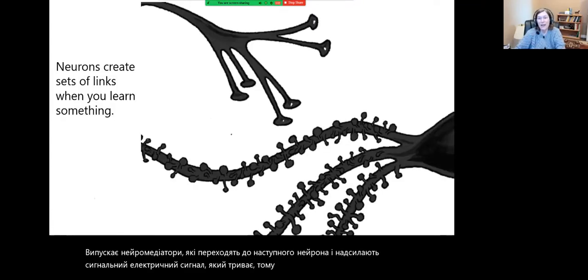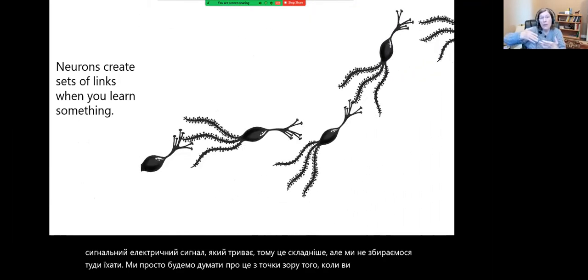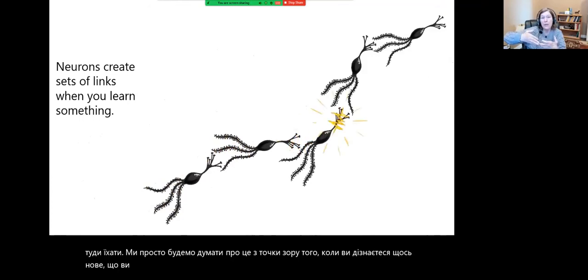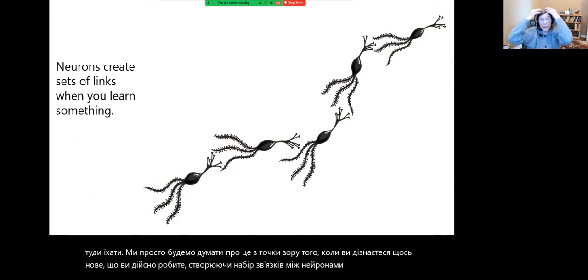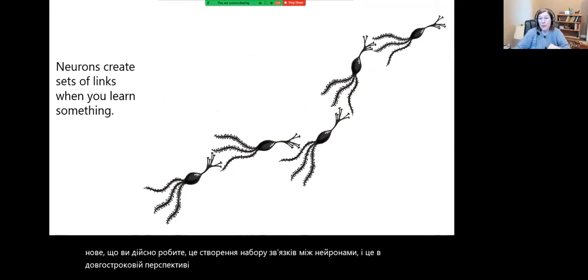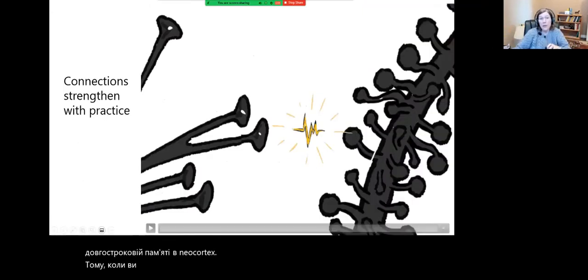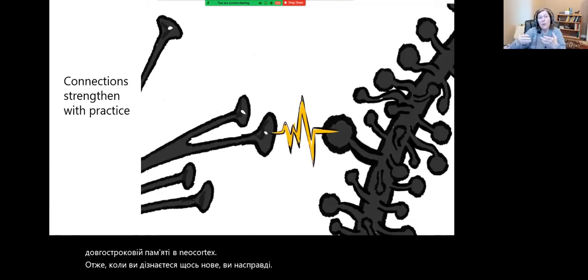We're just going to think of it in terms of this: when you learn something new, what you're really doing is creating a set of connections between neurons. And this is in long-term memory in the neocortex. When you practice with what you've learned, you are actually building and strengthening those neural connections.